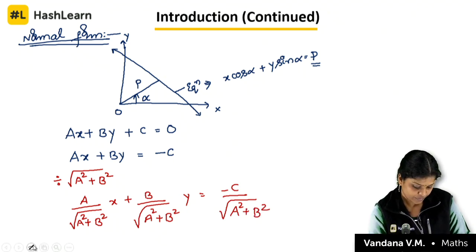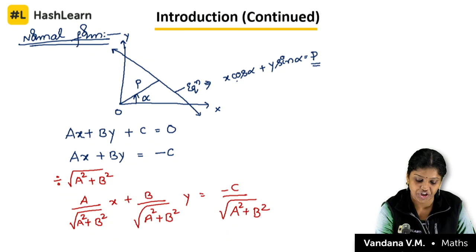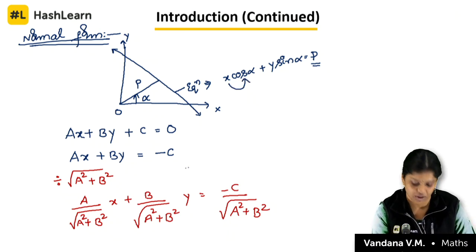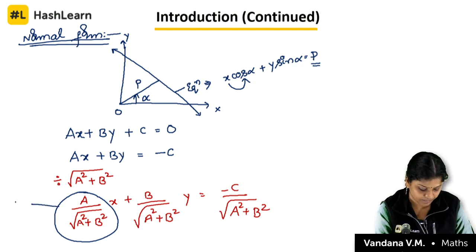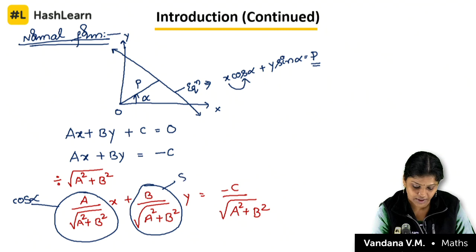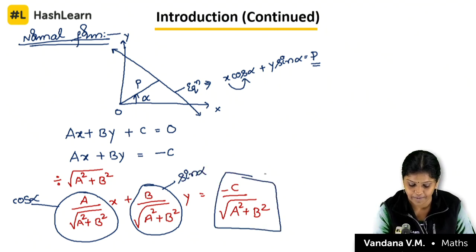Now the x coefficient is cos alpha, so compare this with cos alpha, compare this with sin alpha, and this is your p.